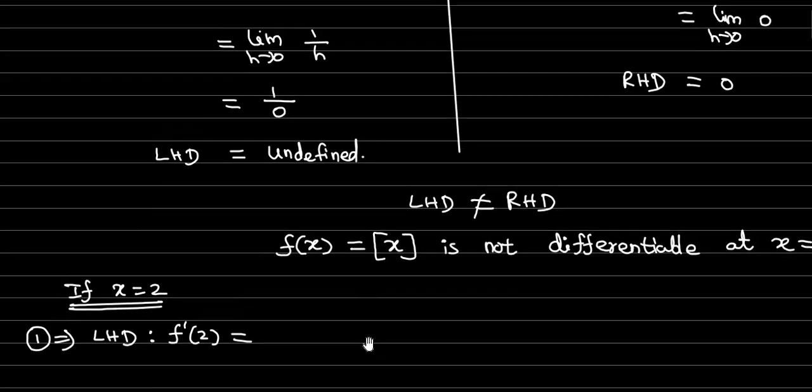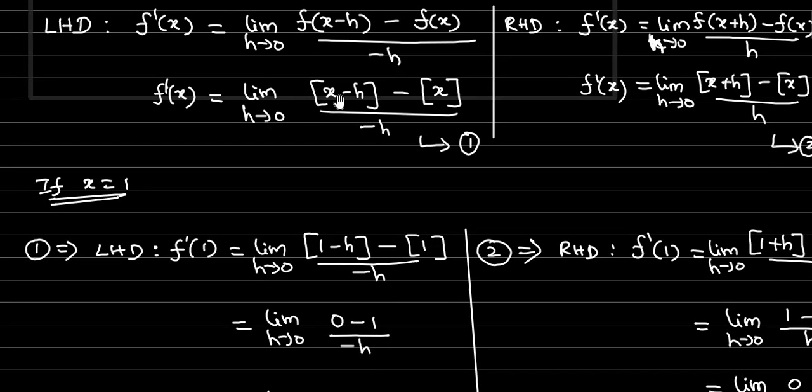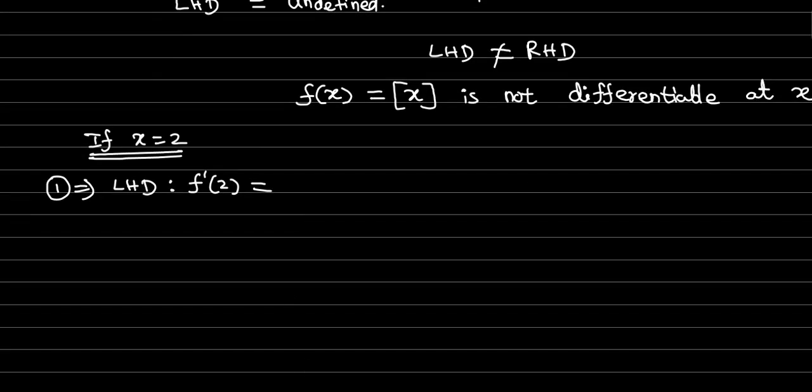What we have here in equation 1: limit as h approaches 0 of greater integer of (x minus h) minus greater integer of x, by h. Here x is 2, so greater integer of (2 minus h) minus greater integer of 2.